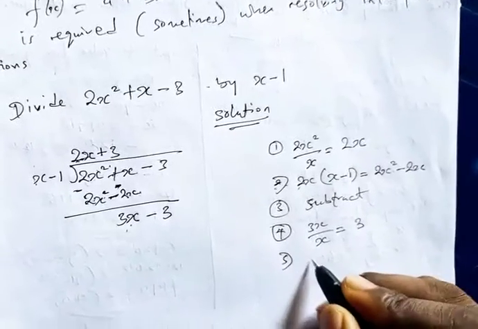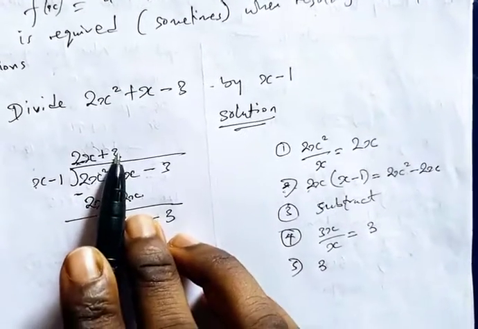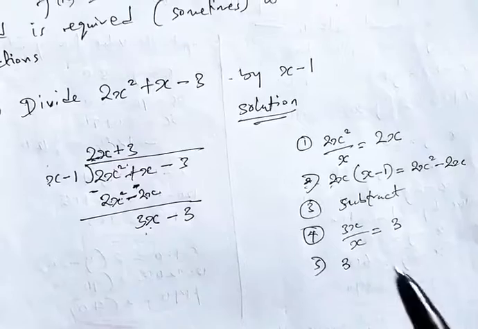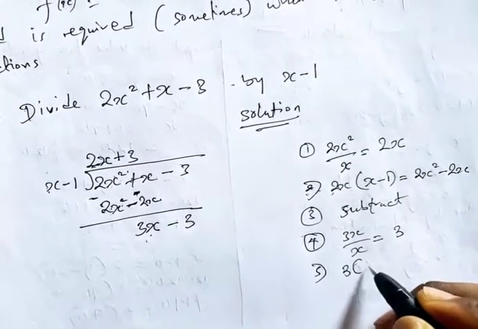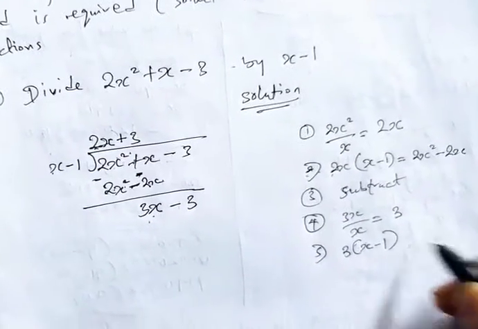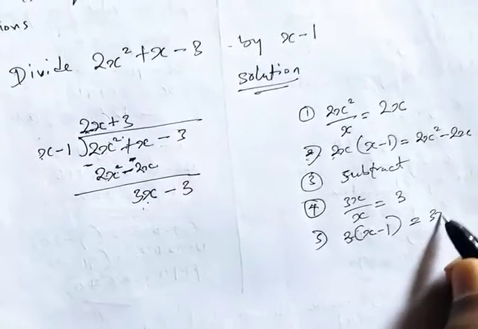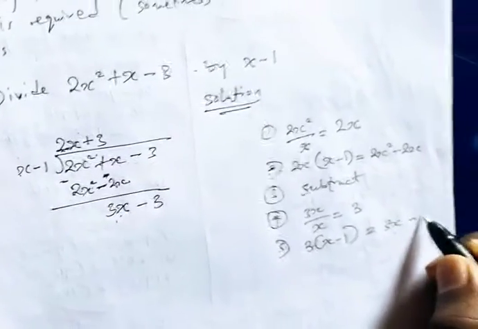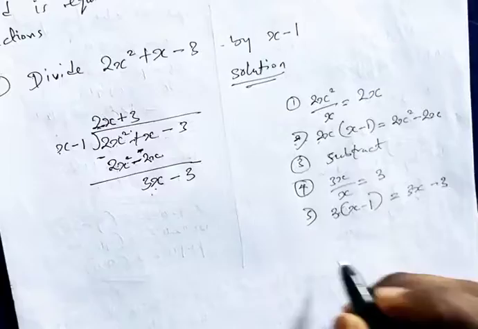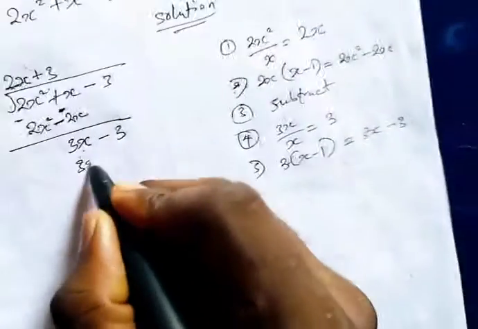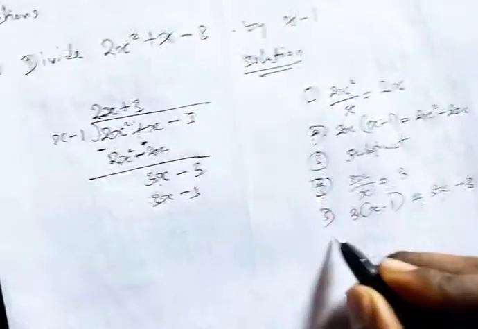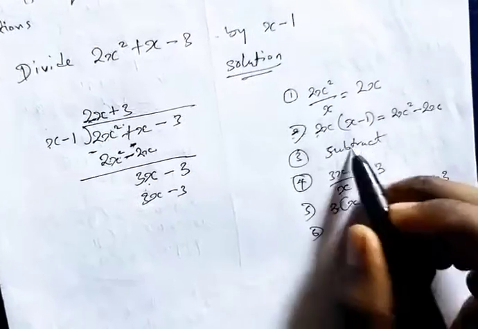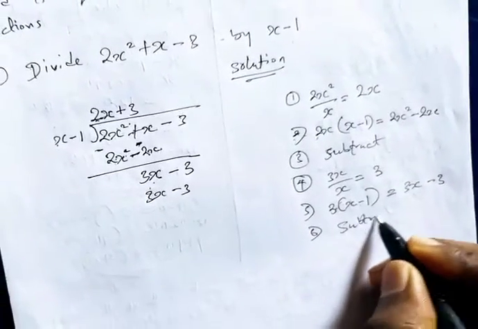So our fifth step, you multiply your answer, which is 3 here, multiply it by our x minus 1 to give me 3x minus 3. So put it 3x minus 3, and the sixth step here again is to subtract.